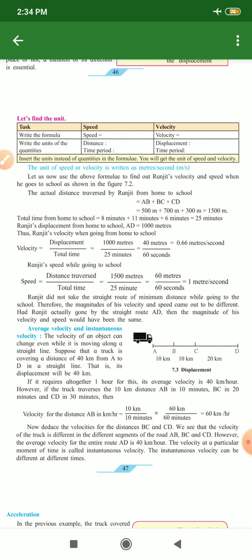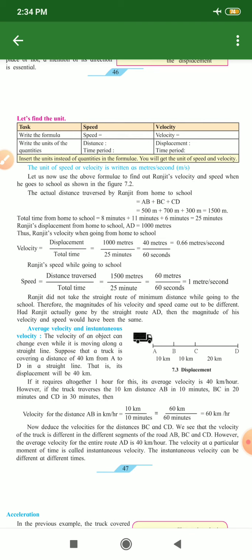However, if the truck traverses the 10 kilometers distance AB in 10 minutes, BC in 20 minutes and CD in 30 minutes, then the velocity for the distance AB in kilometers per hour is equal to 10 kilometers upon 10 minutes. That is equal to 60 kilometers upon 60 minutes.